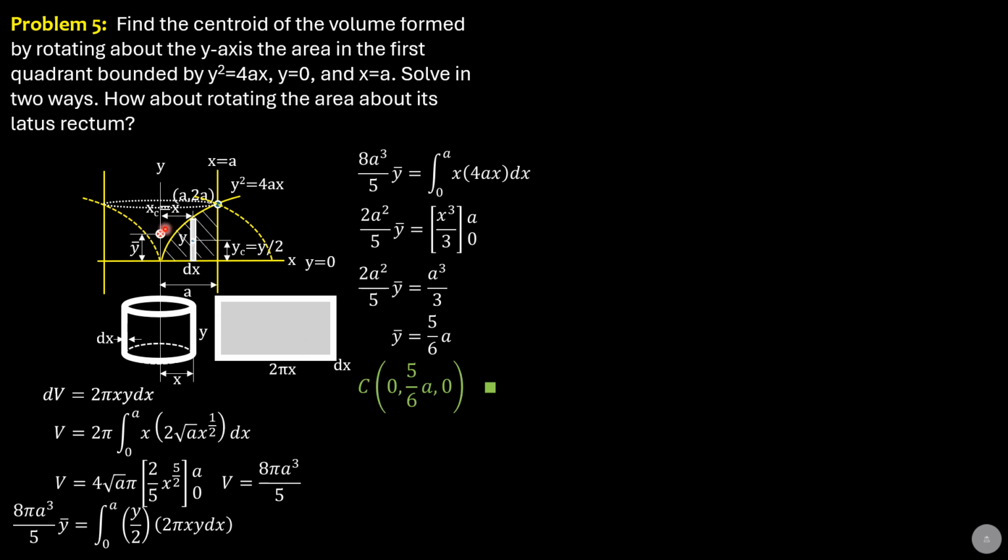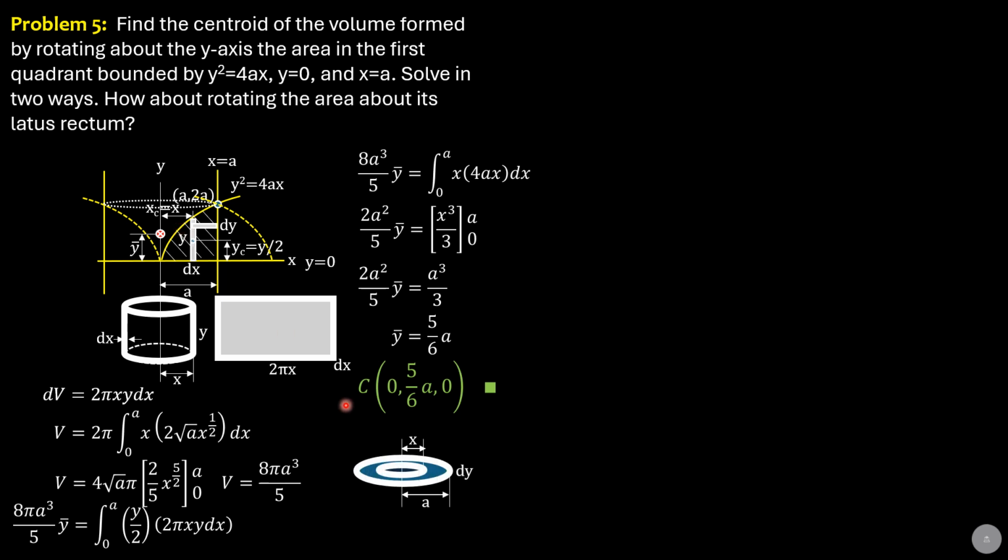So considering horizontal strip as shown, the length of the strip is, because that distance is x and this is a, so that is a minus x, the radius of the disk.